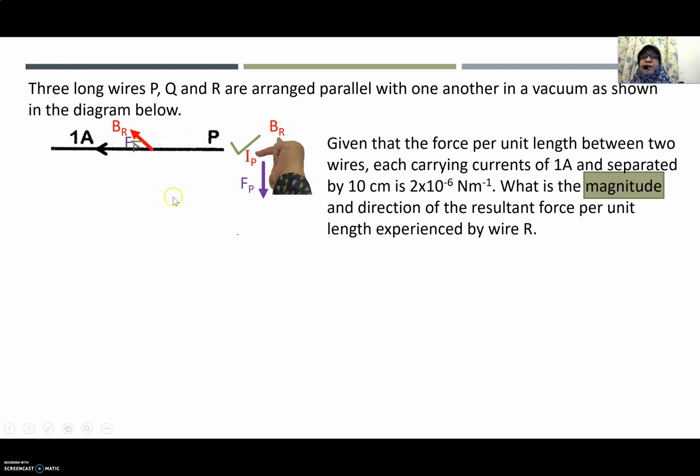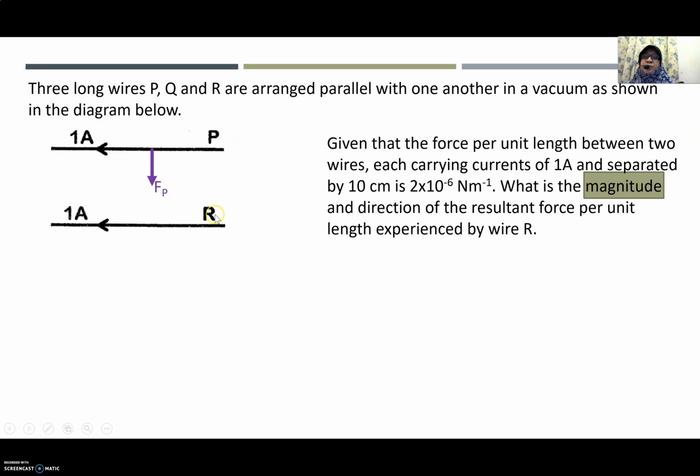We name it as FP. Next, we do for R using grip rule. Wire R will experience the magnetic field B by wire P. It is out of the screen. Direction of B is shown by the other fingers here, so the tangent at this point is out of the screen.